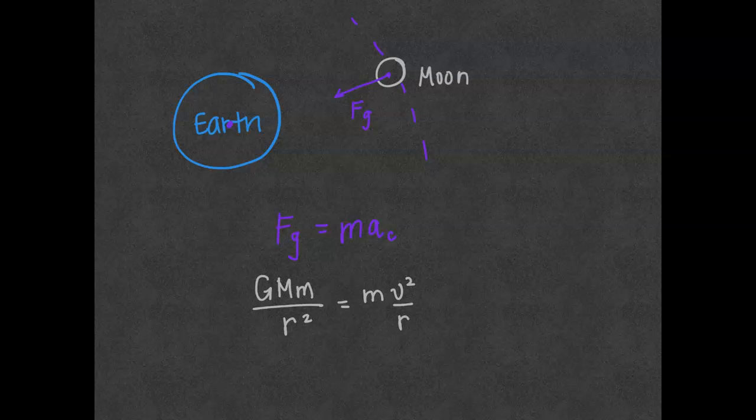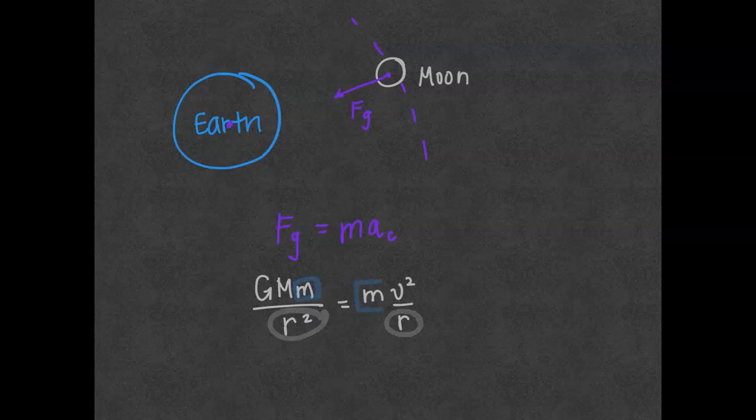Now for the Moon orbiting around the Earth, or any kind of object orbiting around a planet, the r of the orbit is the same as the r for the circular path that the Moon is making. Additionally, the mass m here is the mass of the object that is orbiting.